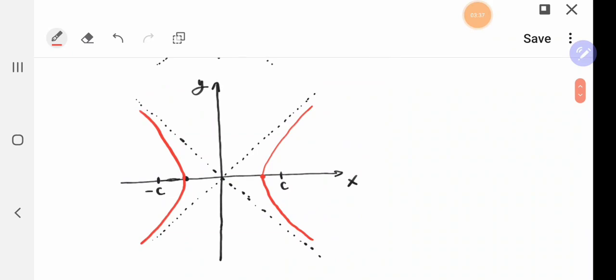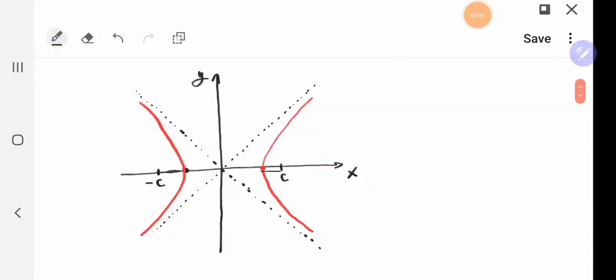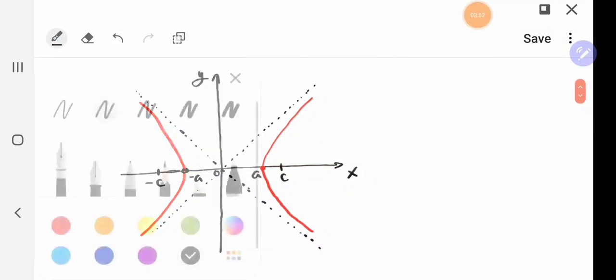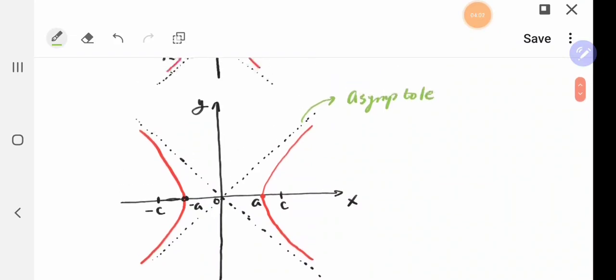So this is the vertex A, and this will be negative A. The origin is 0. We call these asymptotes. And C is the focus.